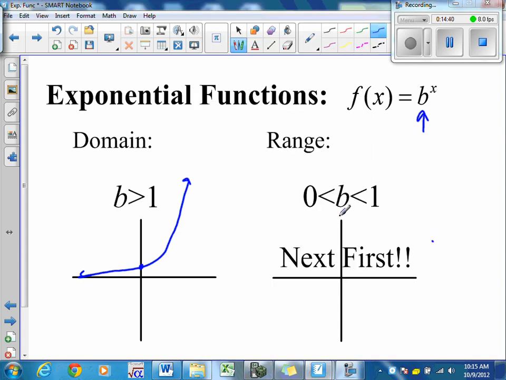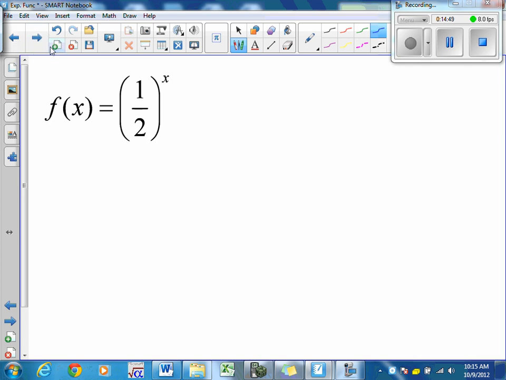Now, what happens when I have a number less than 1? Now, let's go on to the next page here and we'll come back. Let's say I have a number less than 1. This is my b. This is my base. Now, let's do a little work here.